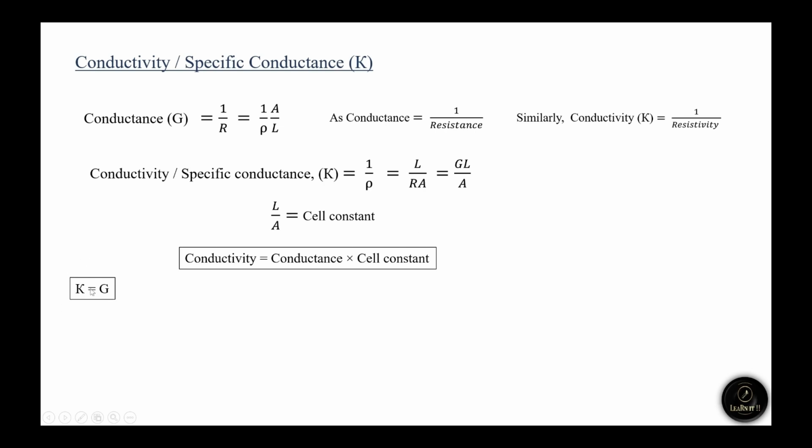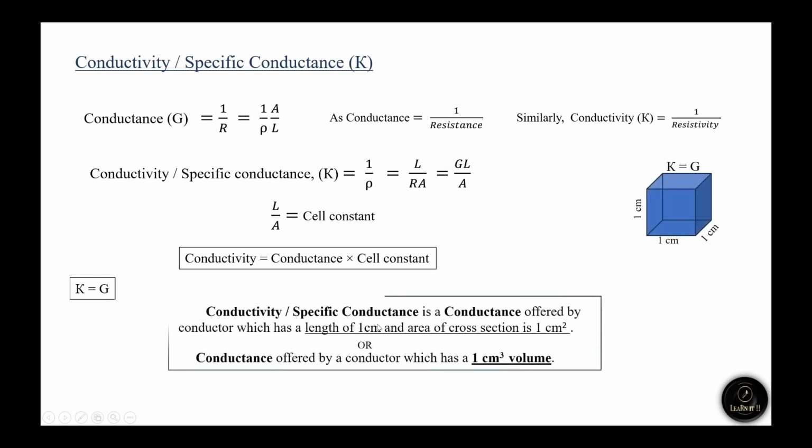So kappa is equal to G when the conductor has a length of 1 centimeter and surface area 1 centimeter square, or the conductance offered by a conductor which has 1 centimeter cube volume, as we have seen in specific resistance.